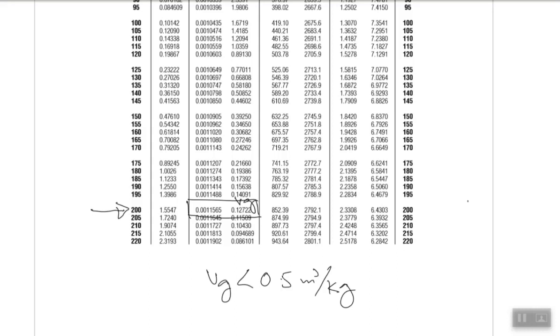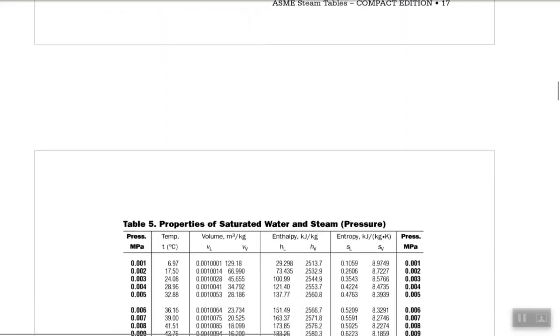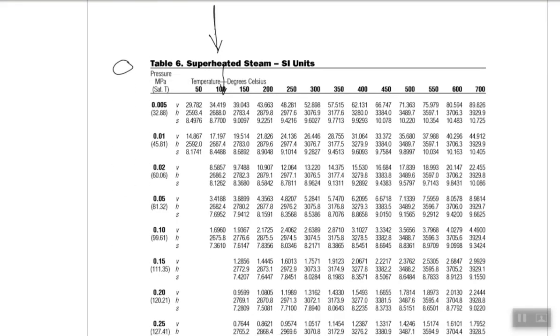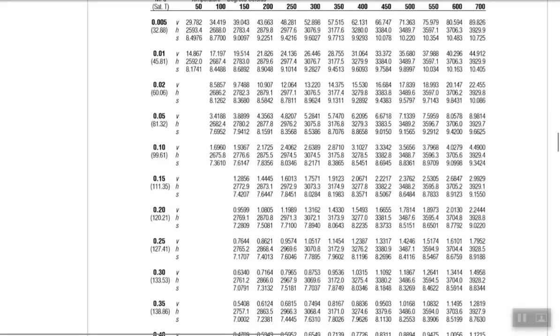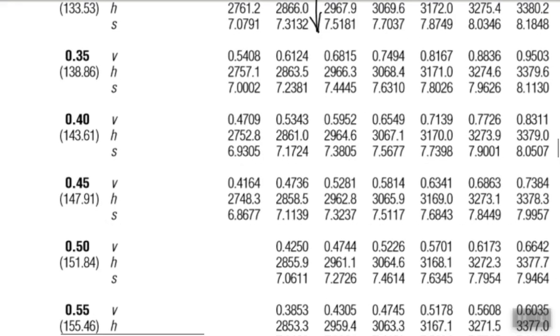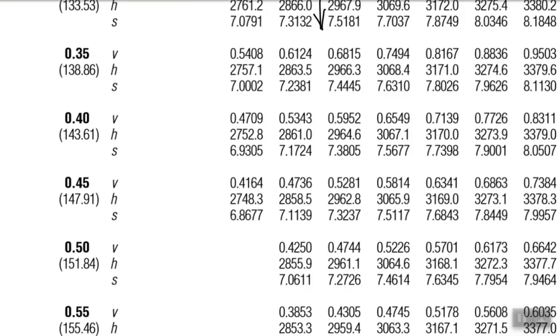So now let's go to the superheated steam table, which I think is table number 6. Here is the value of 200 degrees centigrade, and we will be looking at the pressure. Going down at 200 degrees centigrade and finding the volume equal to 0.5.